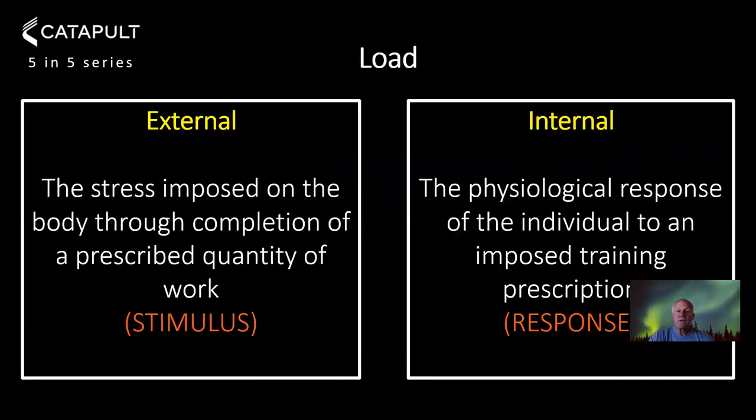So we created a situation in 2002 where for the first time we could begin to look at both sides of this equation pretty much simultaneously. So we'd collect external load using these GPSports units, and we could also get internal responses on the field because they integrated with heart rate monitors, and obviously we could complement that also with the internal load measures that we were getting within the laboratory.